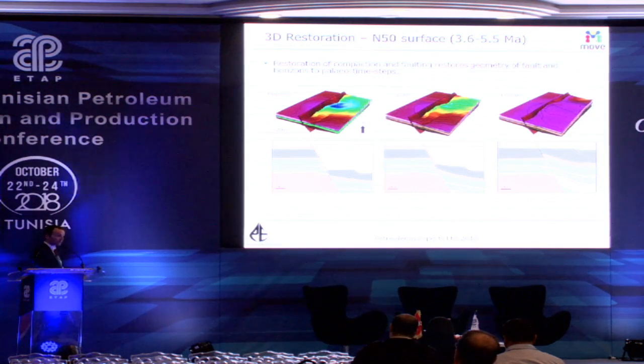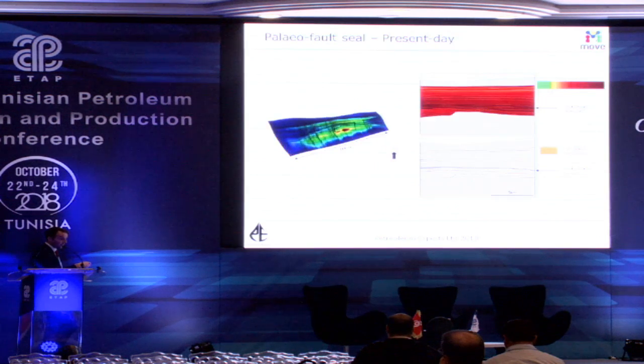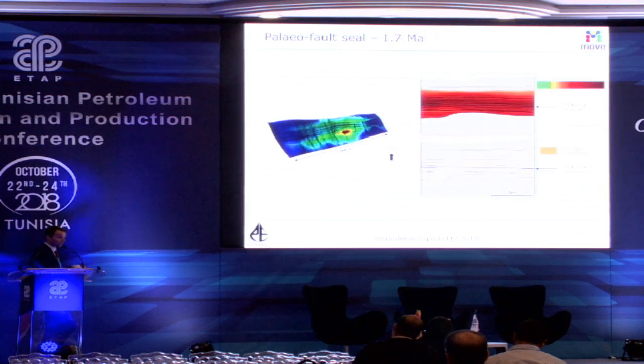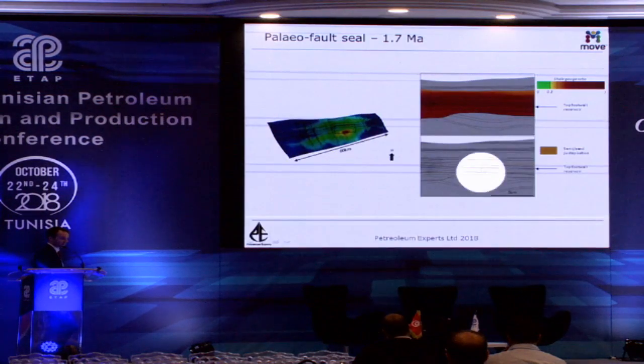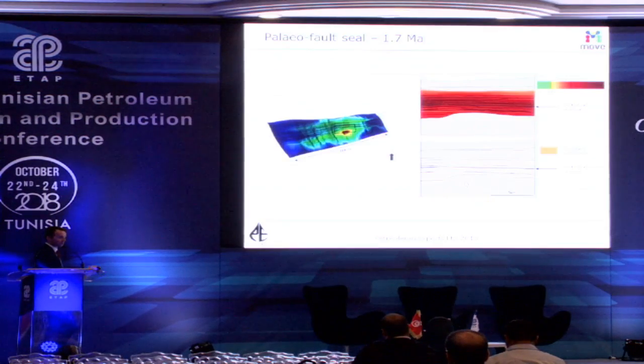Here's just 3 time steps with a depth map for the top reservoir colored. So we, not the top reservoir, for that same N50 horizon, the 5.5 million year old horizon. And again, looking at the present day, we've virtually no sand on sand juxtaposition and very high shale gouge ratio values. When we restore to about 1.7, we start to see a little sand on sand. Again, it's not very much, and shale gouge ratio is still quite high.